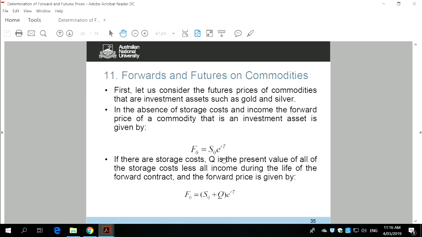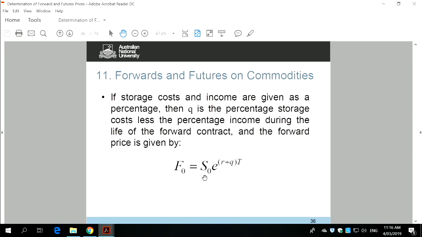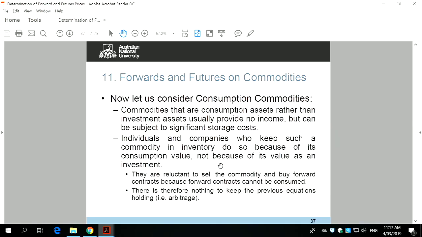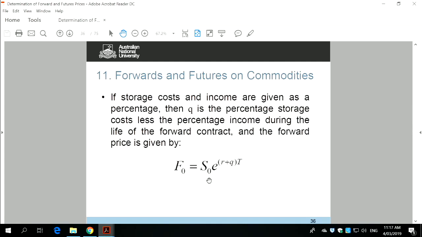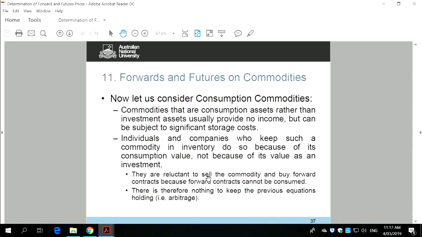Okay, so here it talks about storage cost. We have been doing storage cost all the time, so I'll just skip that. That's how you incorporate storage cost into the pricing equation. We've been using this all the time. And this is what I mentioned at the beginning of the class, so I will not repeat it. What we have to be aware of is this equation sometimes doesn't hold for a consumption asset.